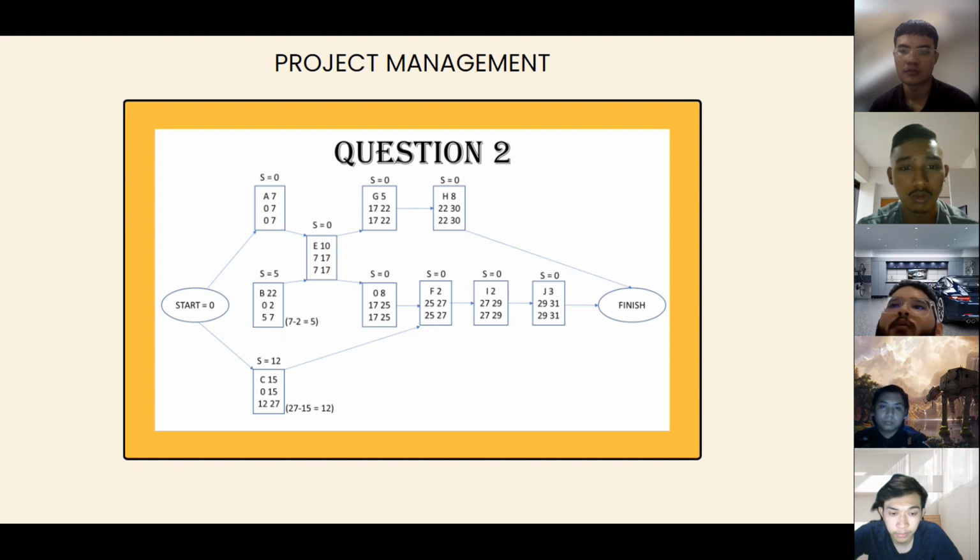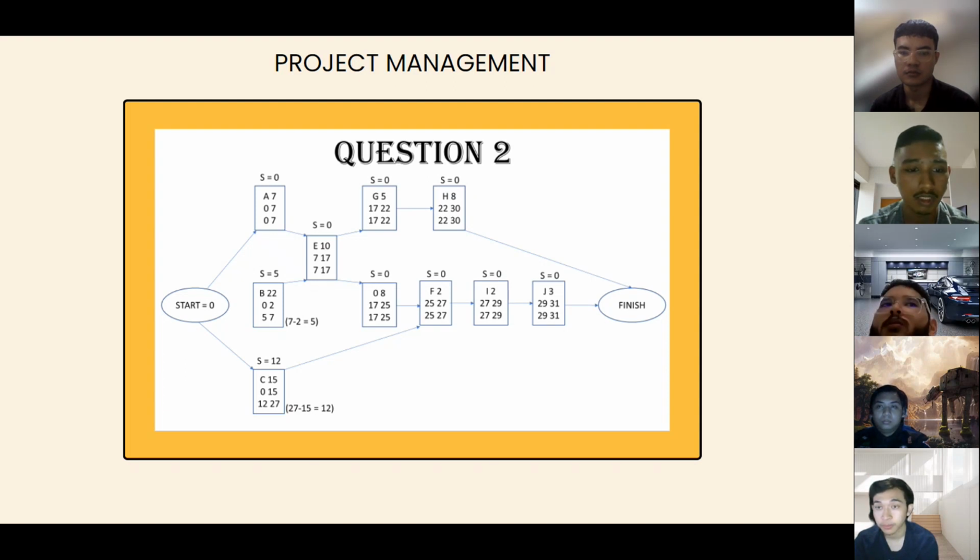From G, go to H box, 22 plus 8 gets 30. Go through to finish. And from B, go to E box and go to F box, plus 17 plus 8 gets 25. 25 plus 2 for F box gets 27. For I box, 27 plus 2 gets 29. From I box, plus 3 for J box gets 31.